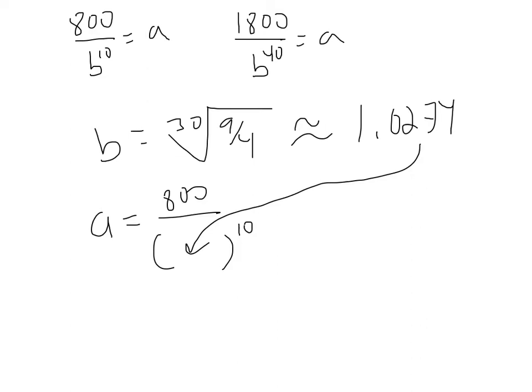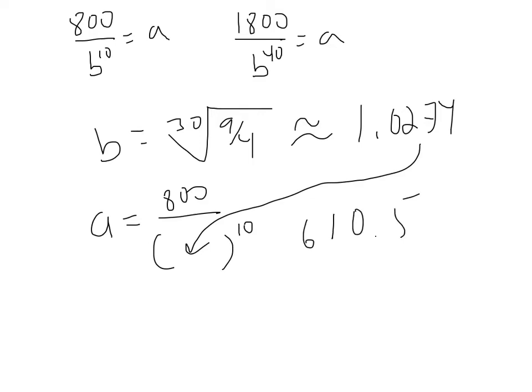So to finish this off, I know that the 30th root of 9 over 4 according to my calculator is about this value. And since I have these two equations where I've solved for A, I just chose the first one. I'm going to do 800 divided by that number to the 10th power, and I got 610.5.